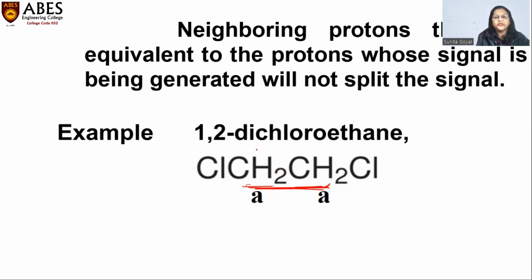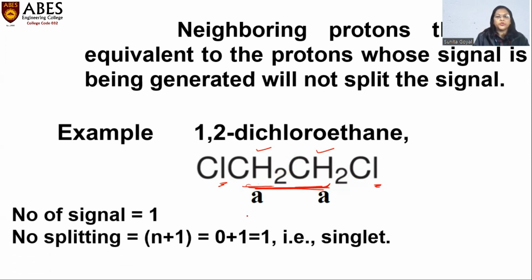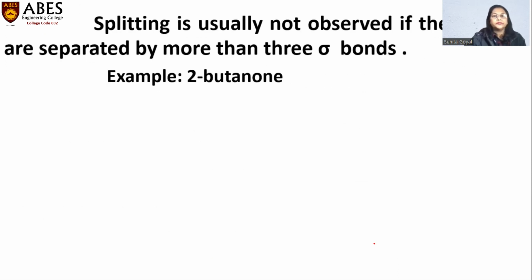They might be seen in two groups, or two sets, but they are equivalent because both of them are attached to the same halogen atom, chlorine. So A type of signal will be there. The number of signals will be 1 only, and there will be no splitting. In the neighborhood, no non-equivalent proton is there. Therefore, we will have a singlet only.